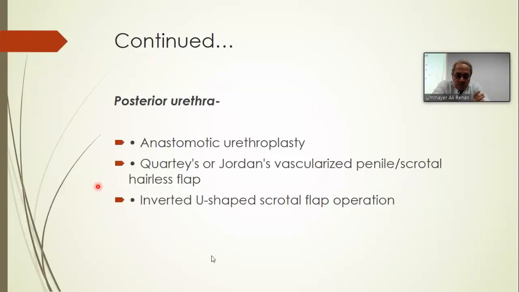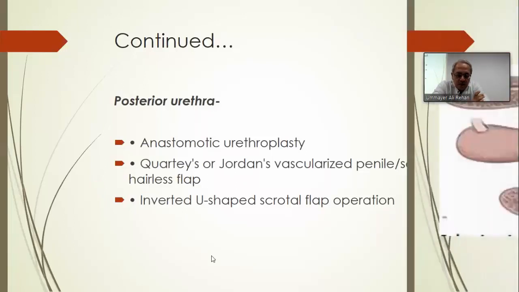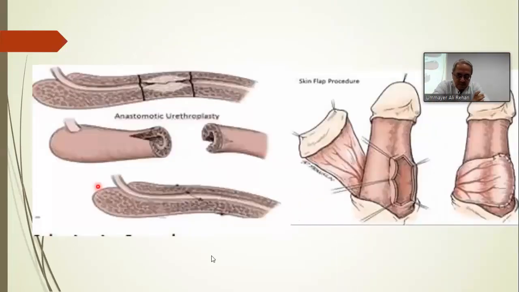If you have got a flap with hair, there is a process by which those hairs can be removed, known as epilation. We'll talk about it later. This is in anastomotic urethroplasty. This one is the skin flap.